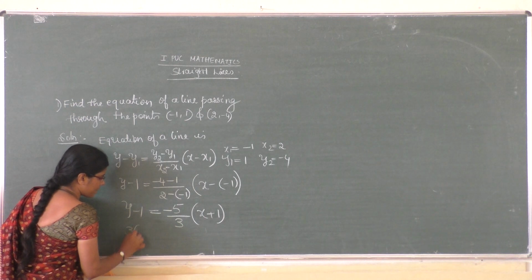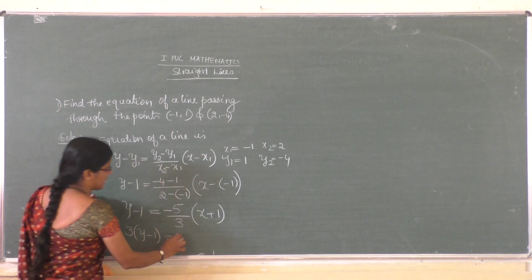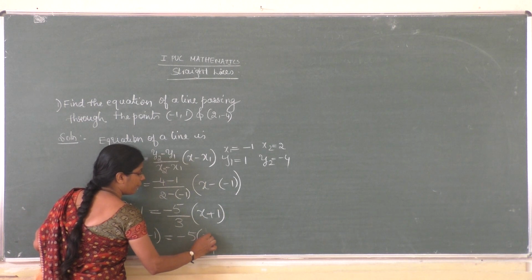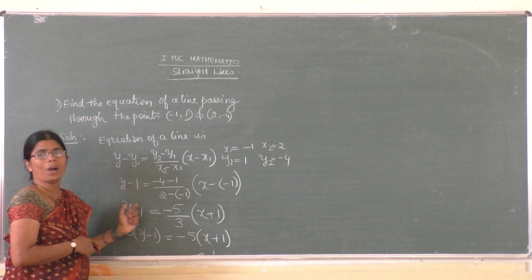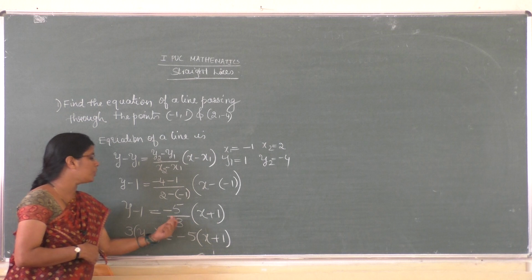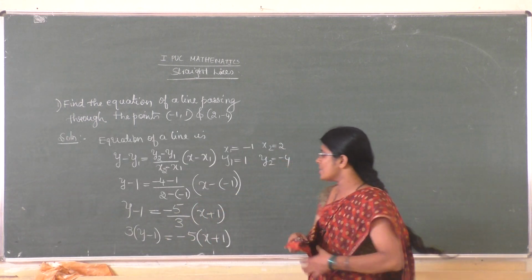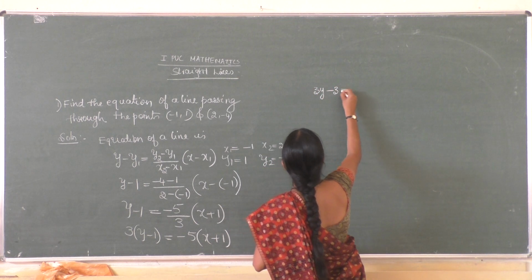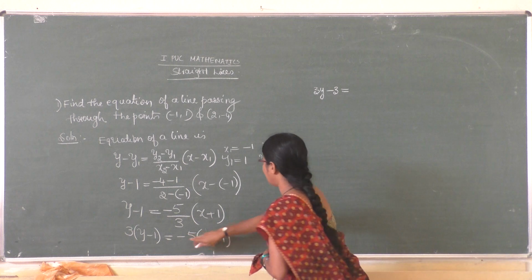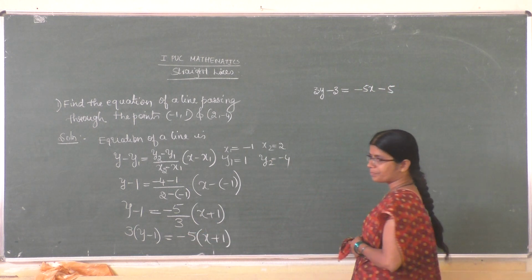Cross multiply, this becomes 3 into y minus 1 is equal to minus 5 into x plus 1. So we get 3y minus 3 is equal to minus 5x minus 5.